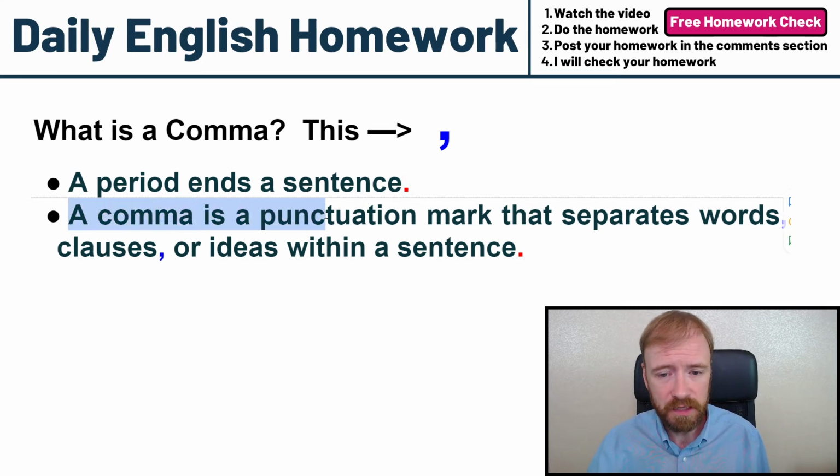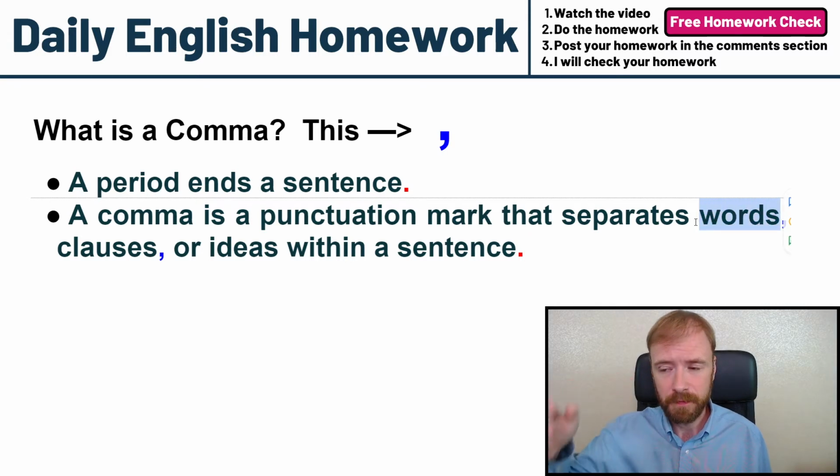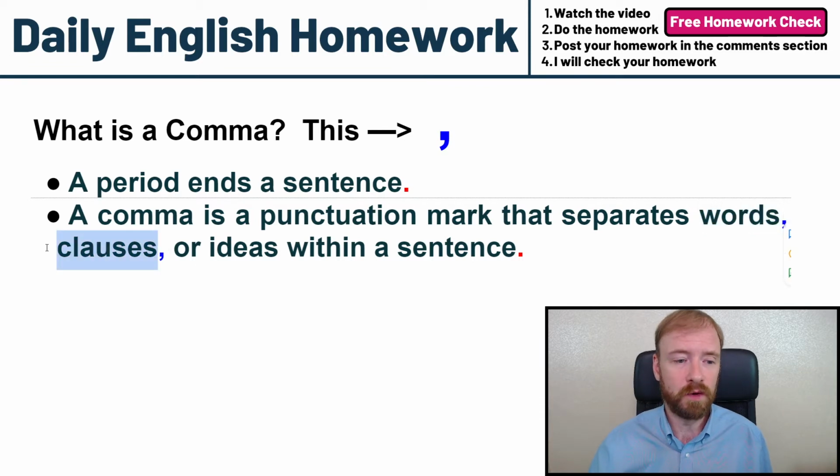A comma is a punctuation mark that separates words, clauses, or ideas within a sentence. So it can separate words in lists. I'll talk about that. Clauses. Oh, what is a clause?